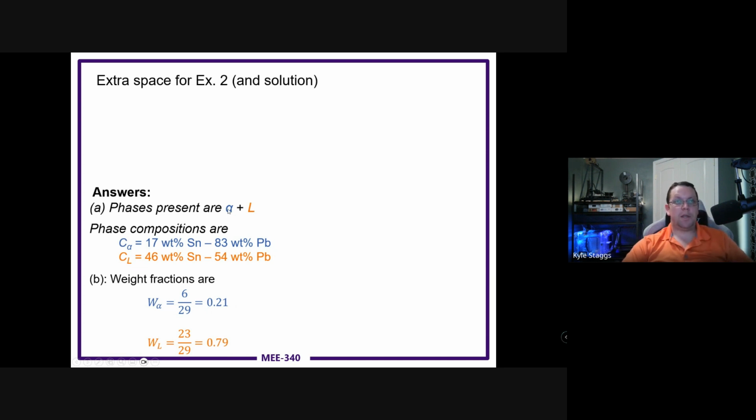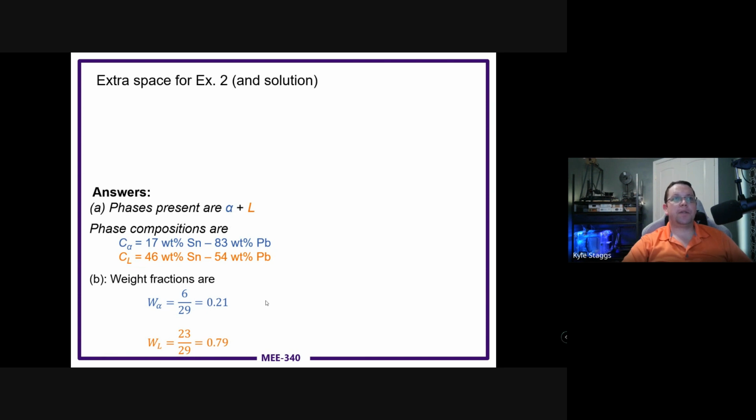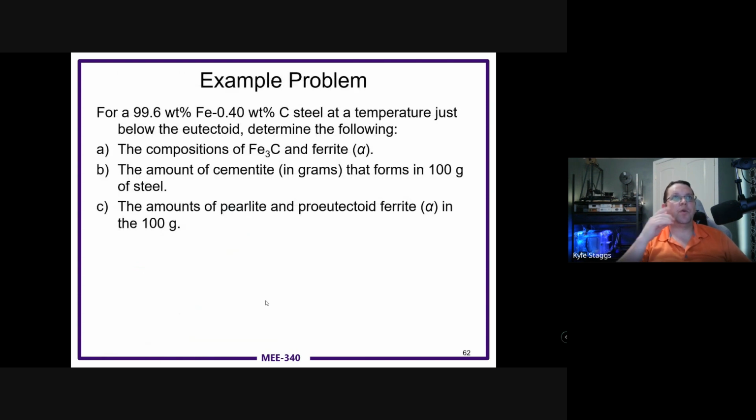So even when it's in a liquid plus alpha phase, this gives you the information on what portion of it is solid and what portion of it is still liquid for that particular temperature. So does this make sense how we got there? Okay. And I think she's got one or two more.